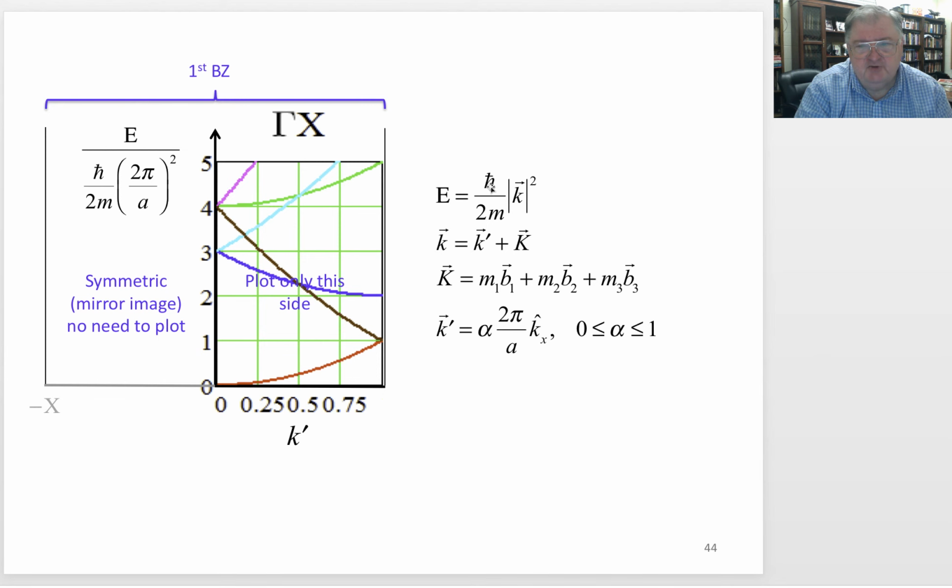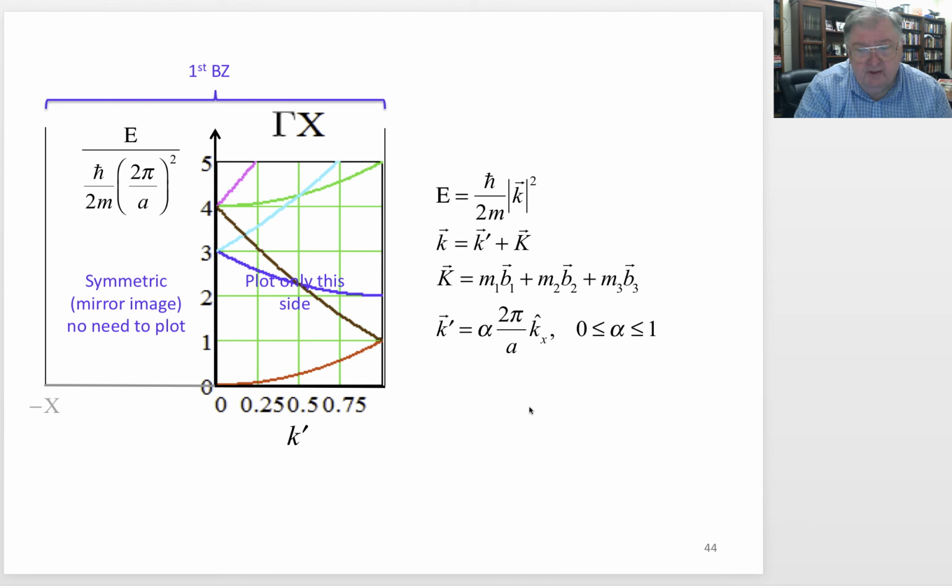So the energy is, for a free electron, h bar squared over 2m, magnitude k squared, and this k, of which we're taking its magnitude squared, is k prime plus big K. K prime is the part of that vector which lies in the first Brillouin zone. To capture information outside the first Brillouin zone, I add on big K, and big K has whatever integers are necessary to give me the number that I want.